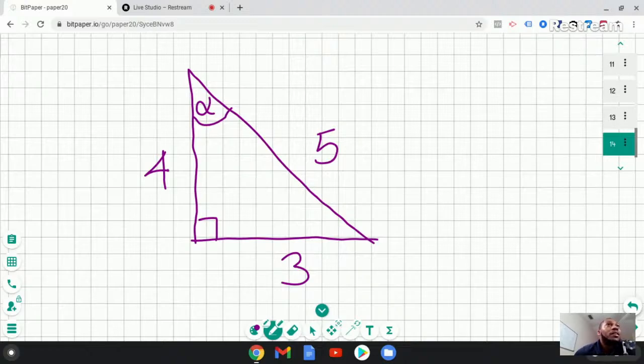Geometry is hard, but it's not as hard as people make it out to be. It depends. In all those classes, if you study for them and you do them often, it becomes easier.